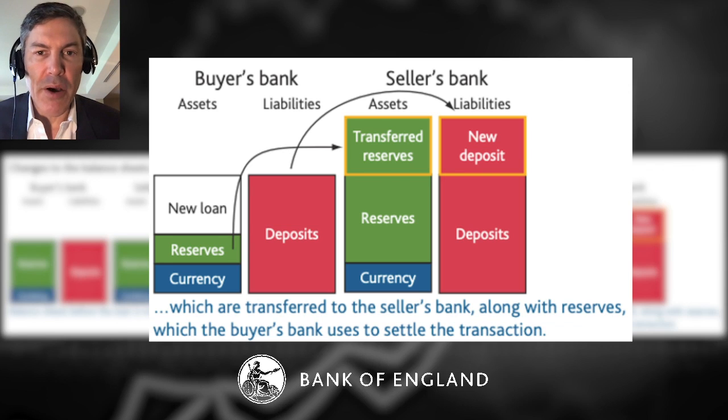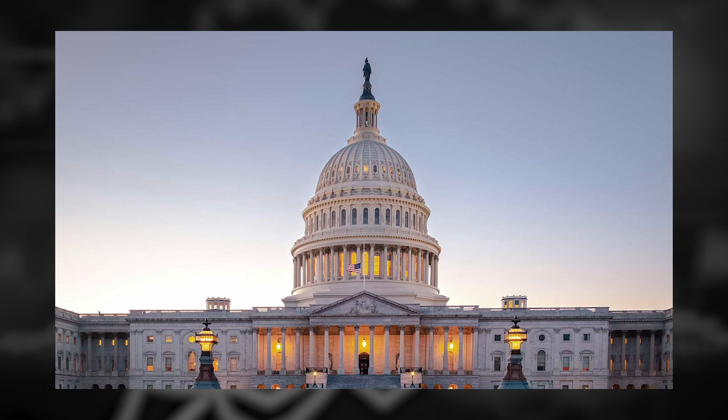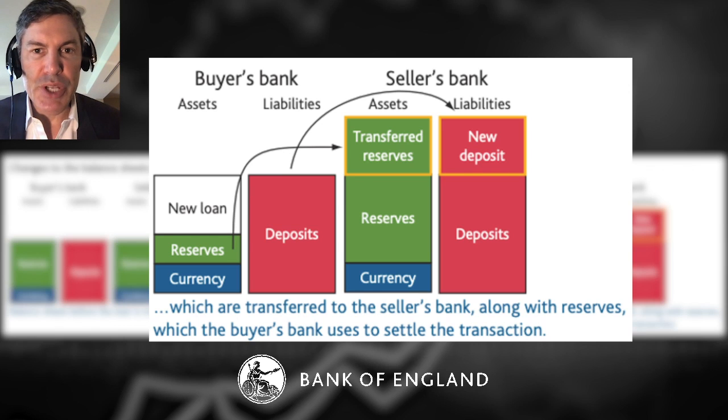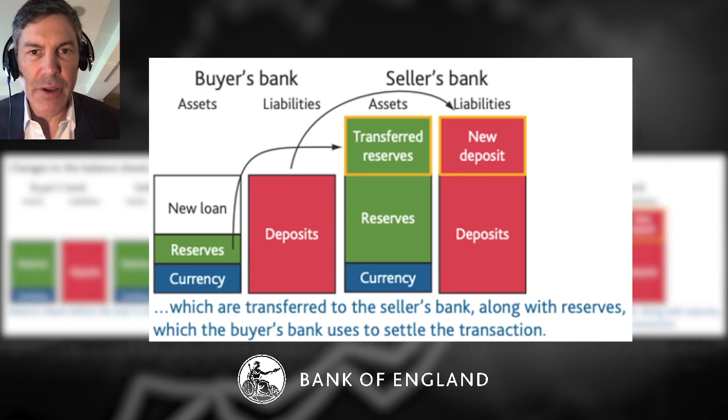But I want to point out that throughout this entire process of dollars being created by additional loans being created, the Federal Reserve and the government had nothing to do with it. All of these brand new dollars that were created were done so within complete control of the commercial banking system.